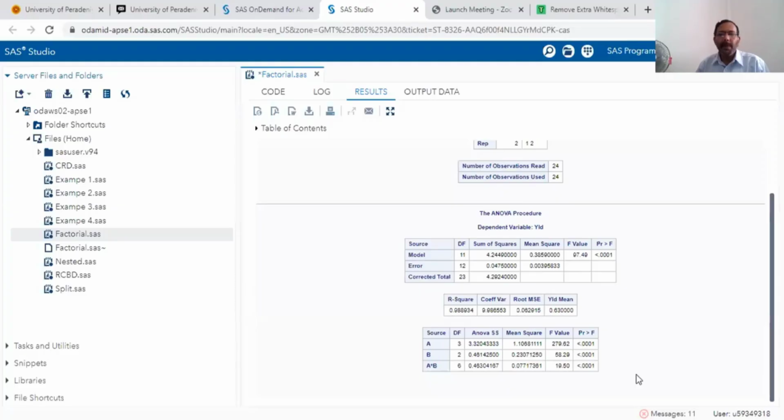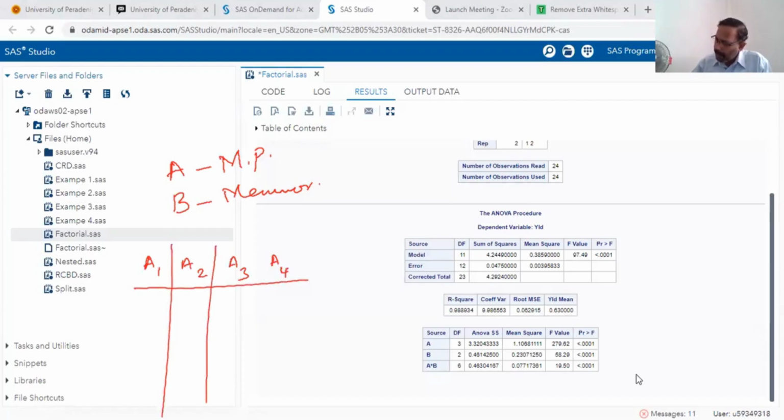The programming is important. In this case, what is factor A? Multi-program. Factor B is memory. So A1, A2, A3, A4. We compare keeping these constant across memory 1, memory 2, memory 3.